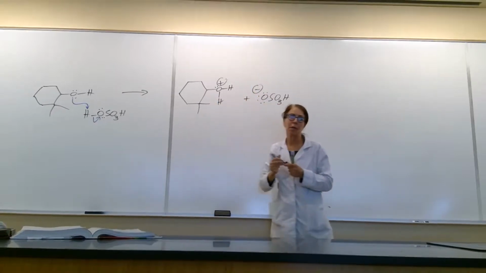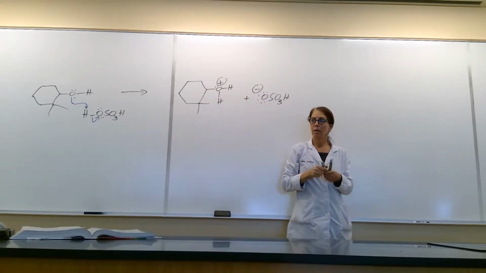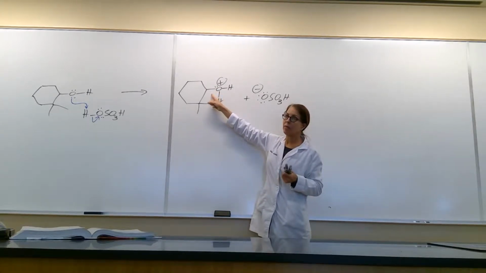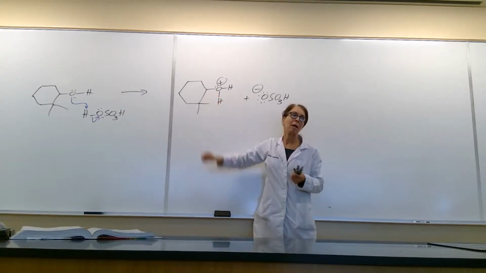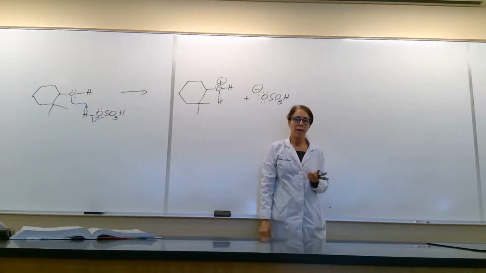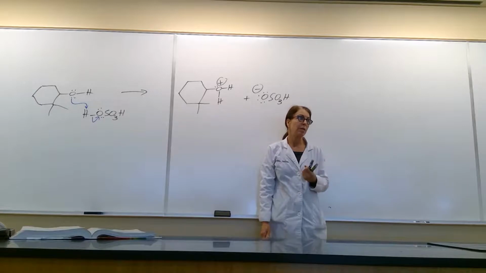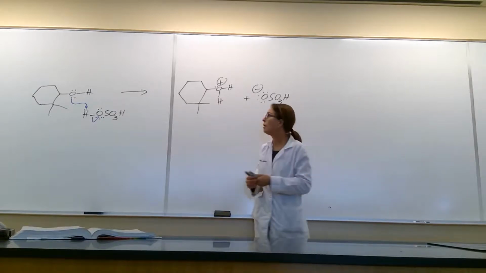Now, what happens here? If this has to open, if this leaves, what are we going to end up with? Secondary, and what happens when you have a secondary? Rearrangement. So we're going to have here a secondary rearrangement before we can have elimination, because it is going to be an elimination, okay?